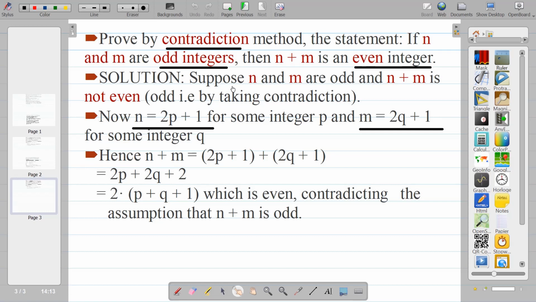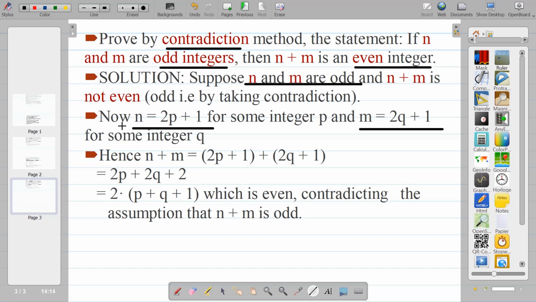So for our solution, first we have to give a supposition. So suppose n and m are odd integers and n plus m is not even, which means it's odd.